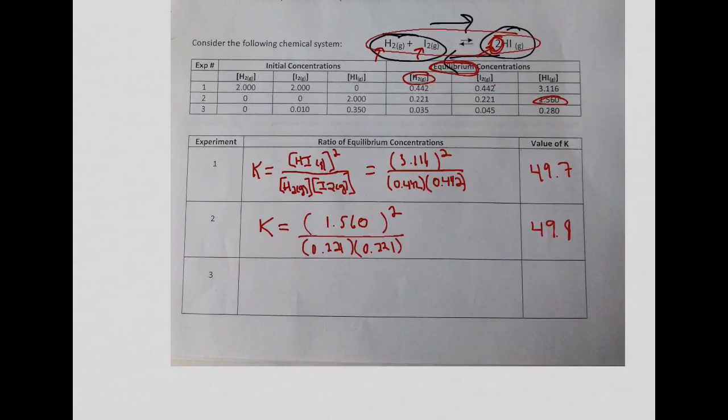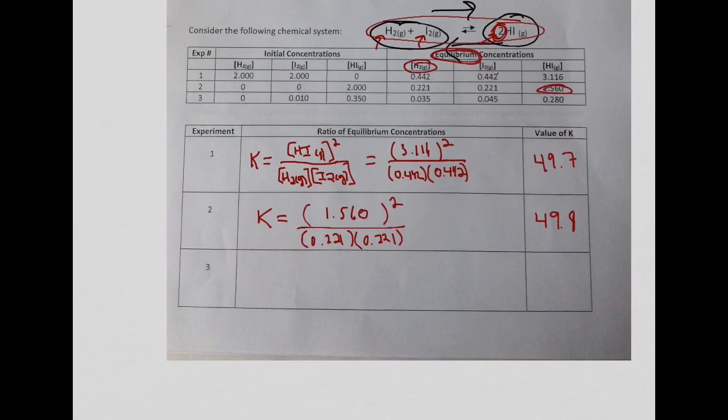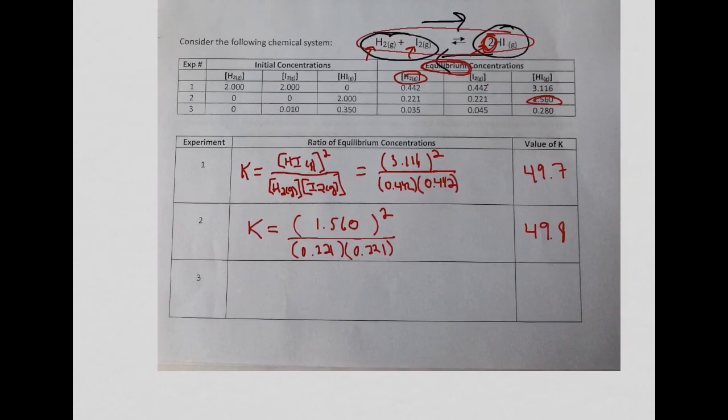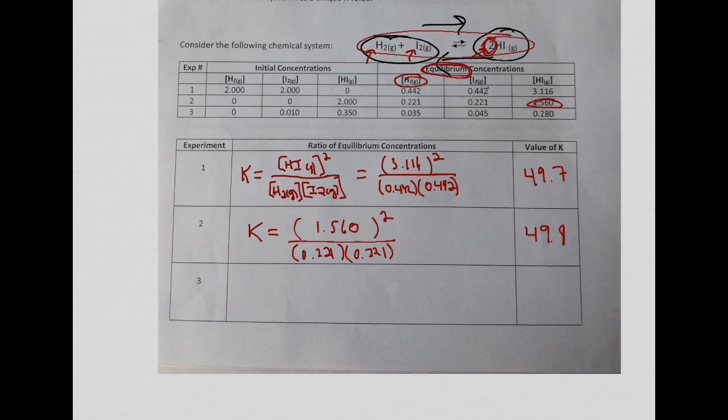Let's now do the third one. So this time, we have no hydrogen gas. We have some amount of iodine gas, and we have some amount of hydrogen iodide. So this is put in the closed vessel, it's given time to establish equilibrium, and then at equilibrium, these are now the concentrations.